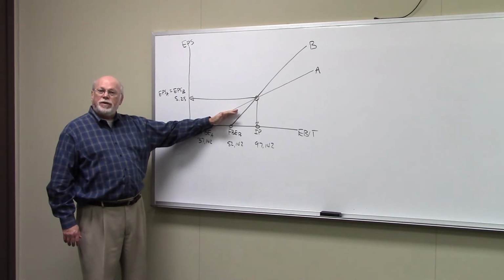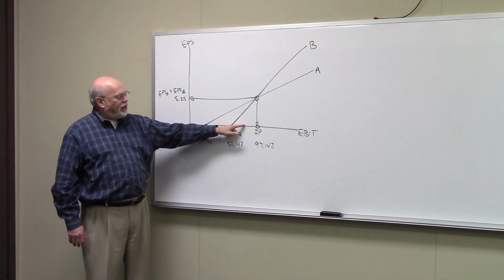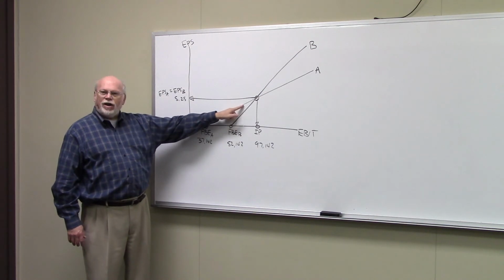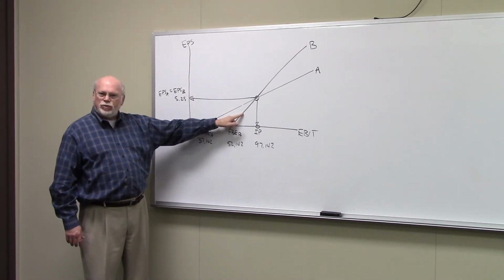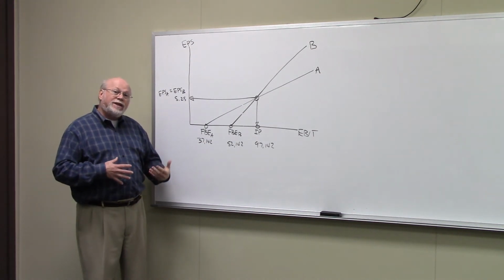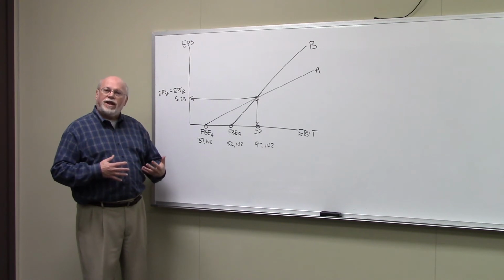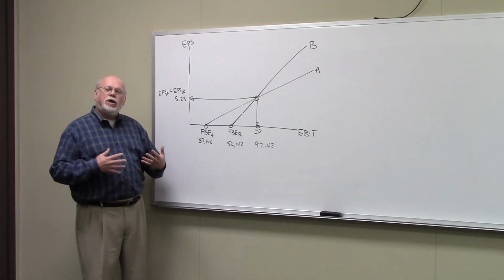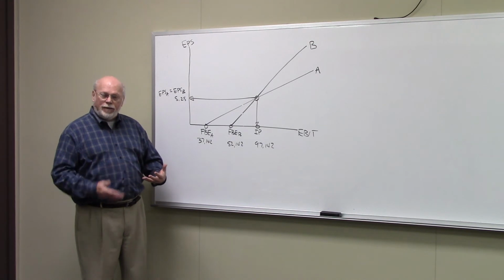In this case, this would be capital structure A. Again, note, that's a higher earnings per share than this one. So if you expect your EBIT to be less than the indifference point, you would go with the capital structure that had the least amount of financial leverage, which in this case is capital structure A.